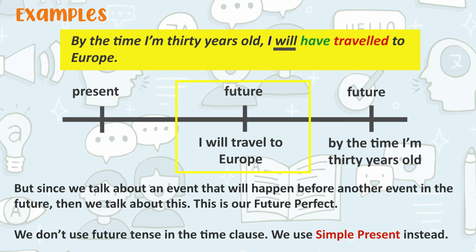We don't use the future tense in the time clause with the expression by the time. We use simple present as we repeat, by the time I'm 30 years old. This is my time clause. I will have traveled to Europe. This is the emphasis about the future perfect.